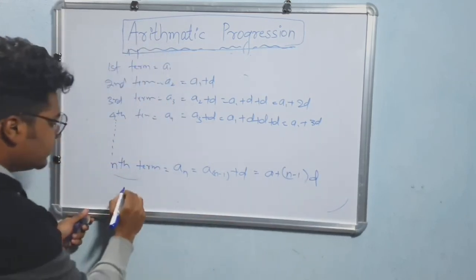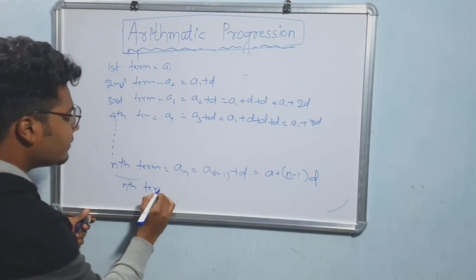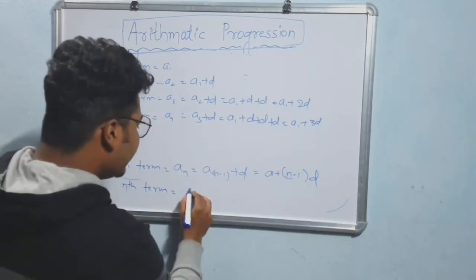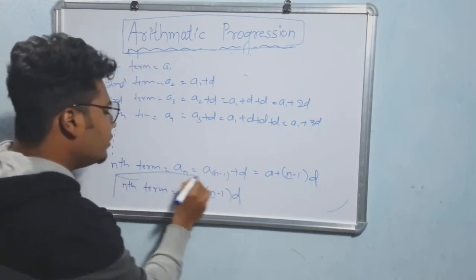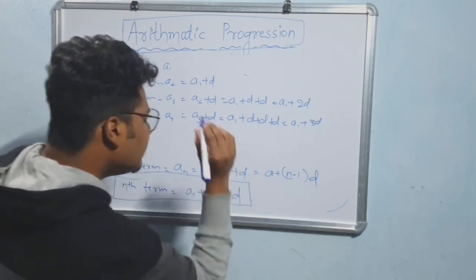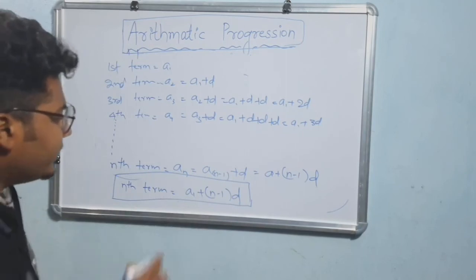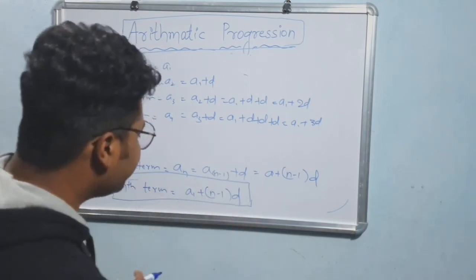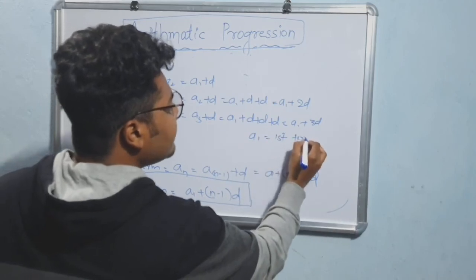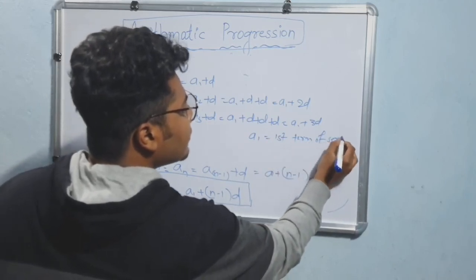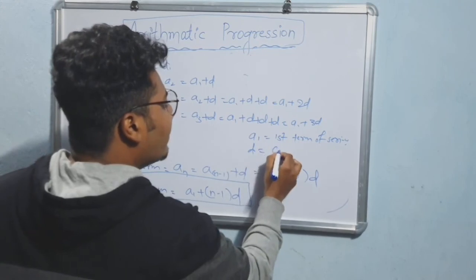So the formula for the nth term of the arithmetic progression is a1 plus (n minus 1) into d. Note it down, this is very important. The nth term is a1 plus (n minus 1) into d, where a1 is the first term of the series and d is the common difference.